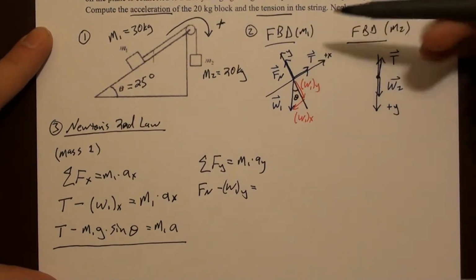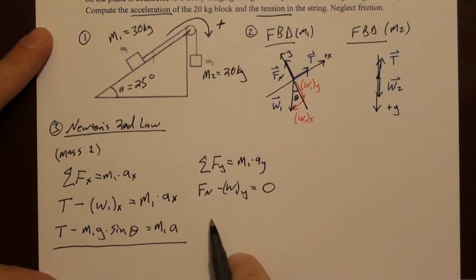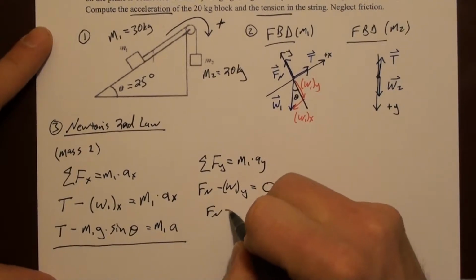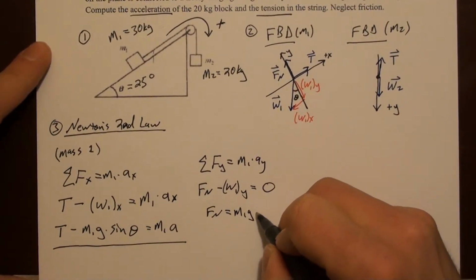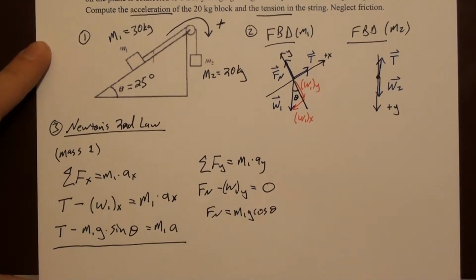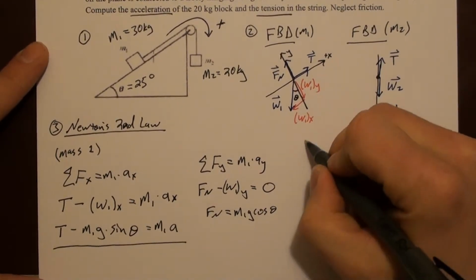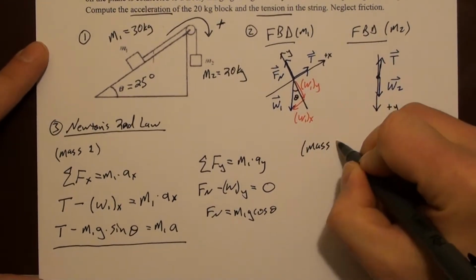It's not accelerating in that way. So all this gives us is that the normal force is equal to m1g cosine of theta, which doesn't actually help us in this case. All right, as we'll see later on, if we were thinking about friction, we would need this, but we don't for this specific problem. So now we can think about mass 2.